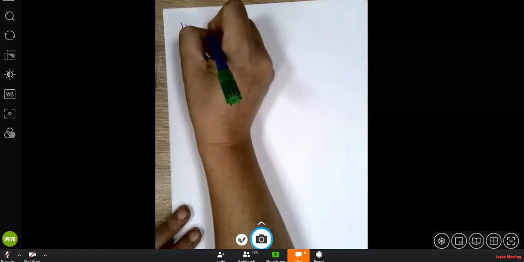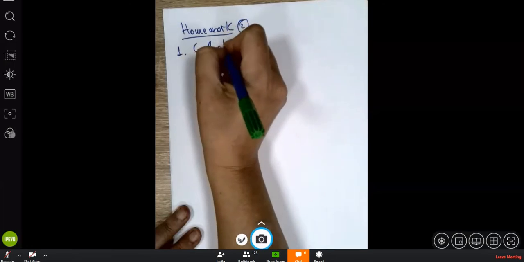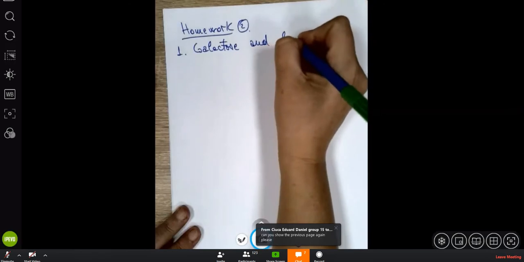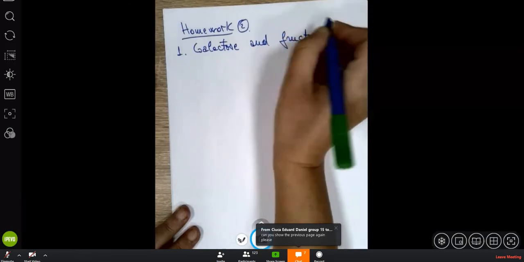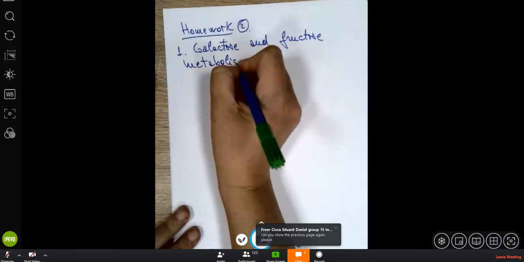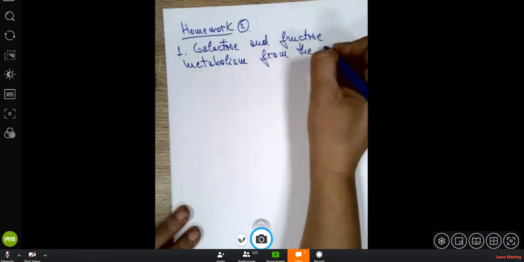And another homework you should do from sugar metabolism. So, homework 2 is galactose and fructose metabolism from the lecture group book.